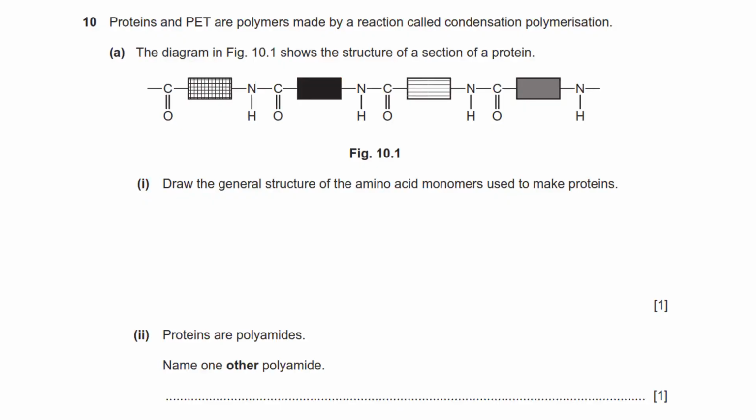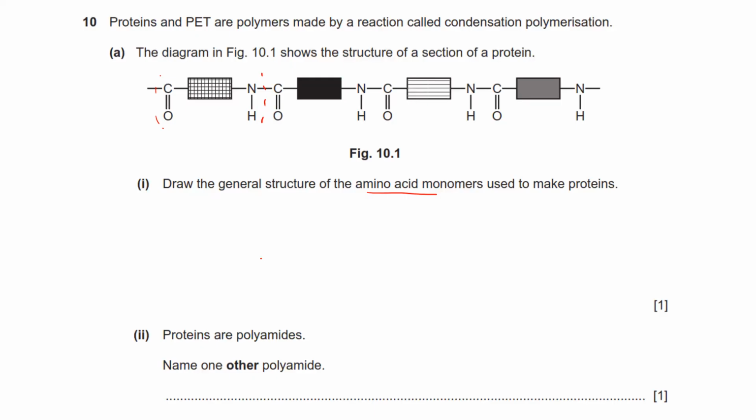Then the last question for this exam, question number 10. It says proteins and PET are polymers made by a reaction called condensation polymerization. The diagram in figure 10 shows the structure of a section of a protein. Draw the general structure of the amino acid monomers used in the protein. So remember, the amino acid monomers will be the ones with the NH part. So let's draw it.